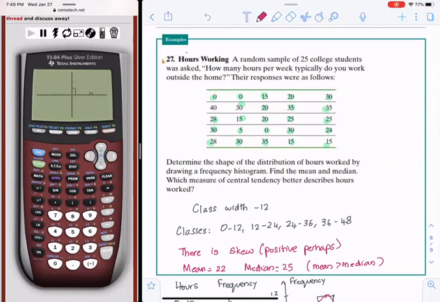If we don't adjust it properly, we're going to get a funny little graph. So let me adjust the window here. 0 to 45 in steps of 5, 0 to 15.